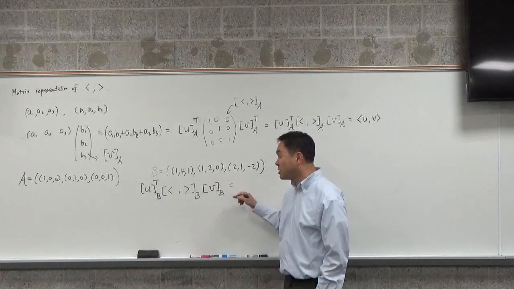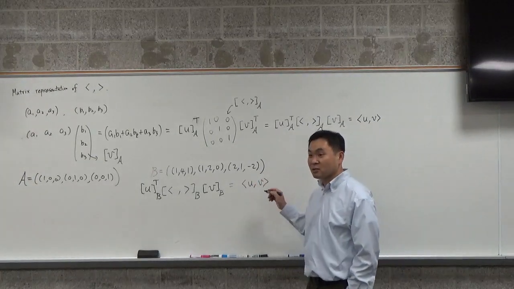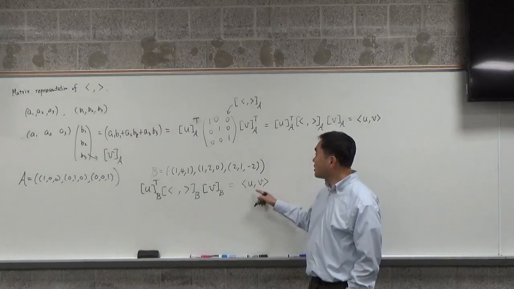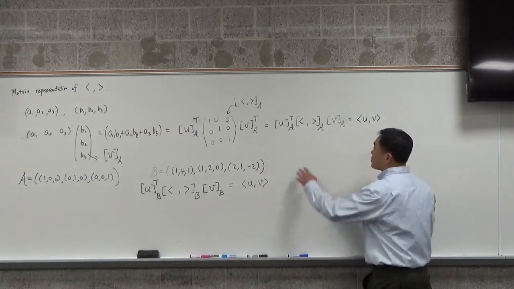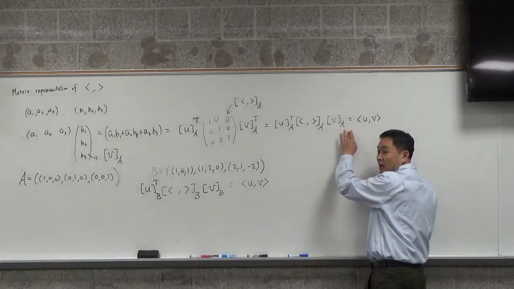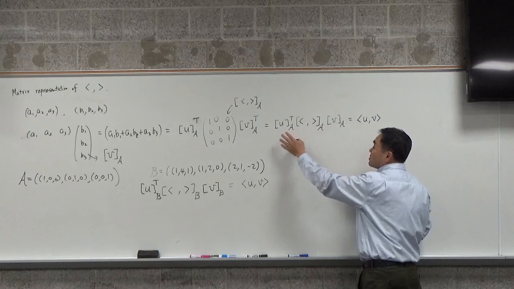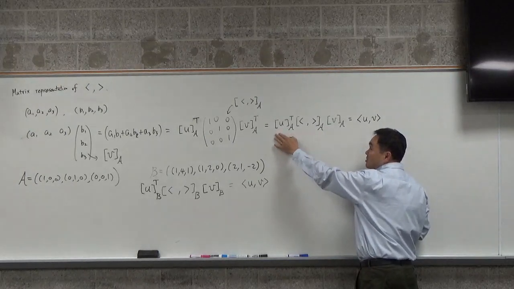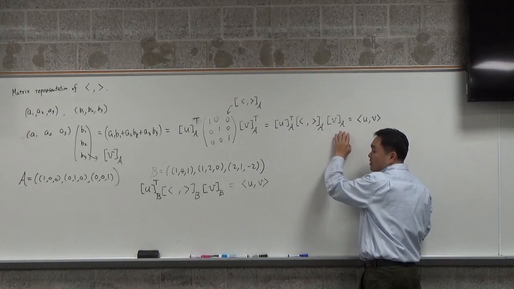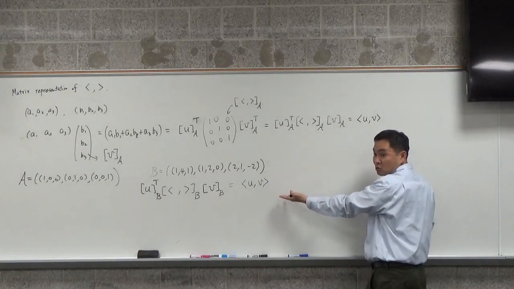This calculation should be giving us the inner product of u and v, right? So that should be the same, right? Just as this is true for any basis A, if I switch the A with B, this still should be true, right?